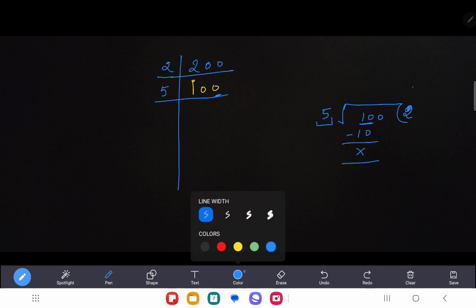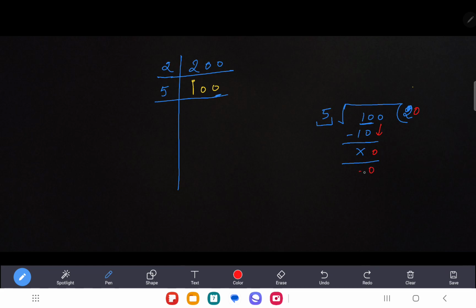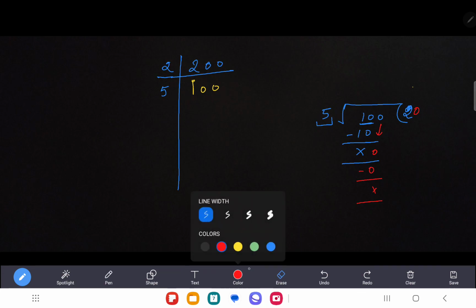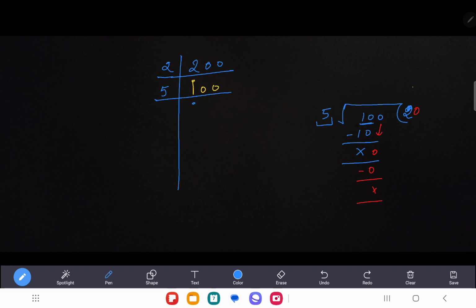Subtract. Bring down 0. 5 zeros are 0. You get 0. Any doubts in this? No. So 5 times 20.